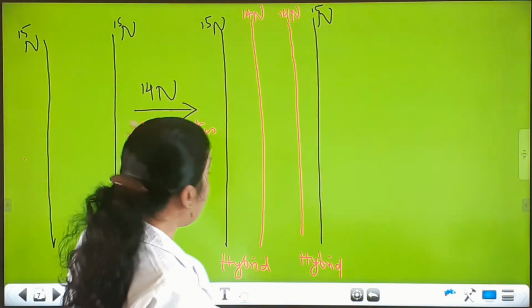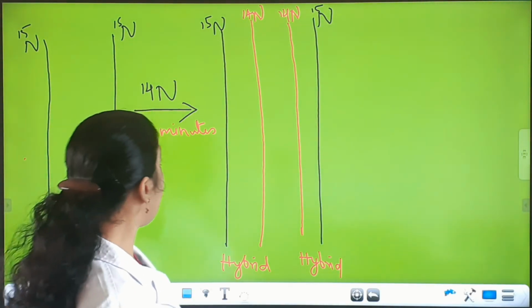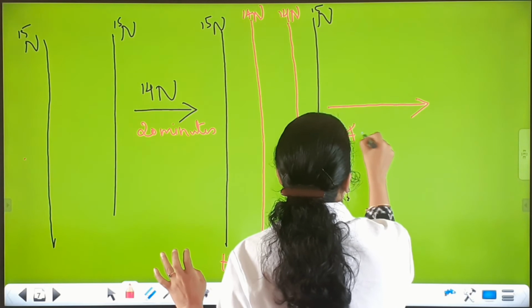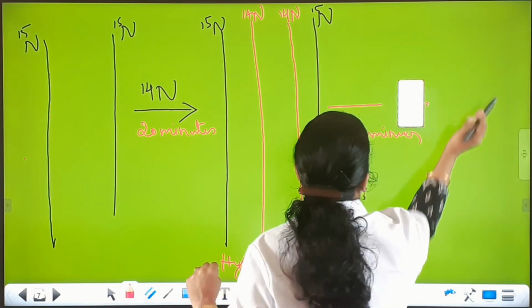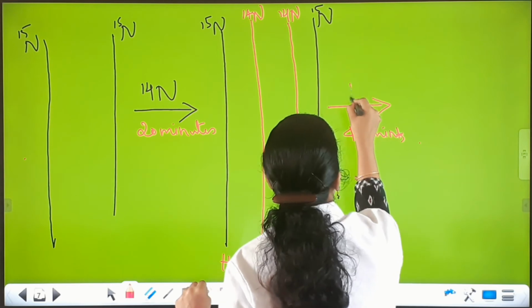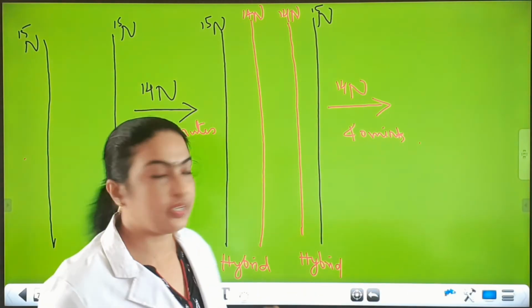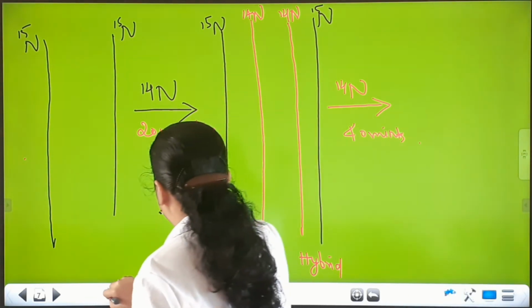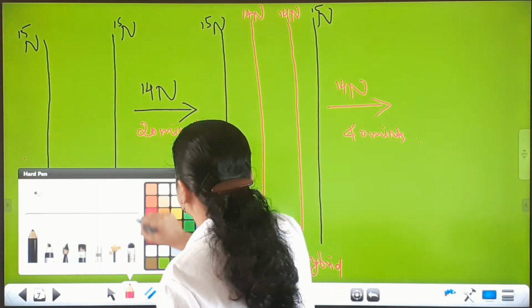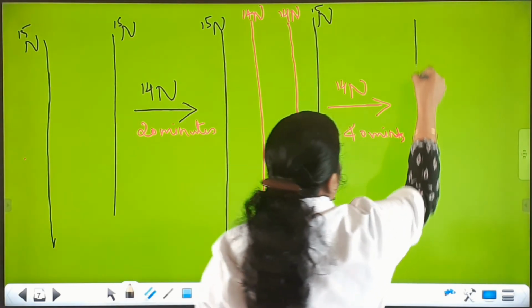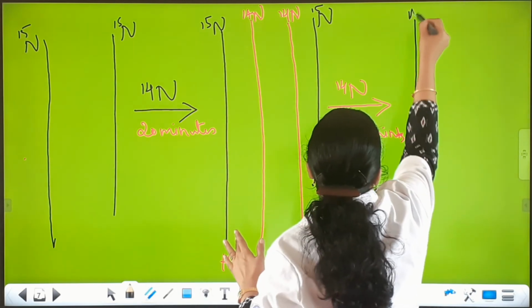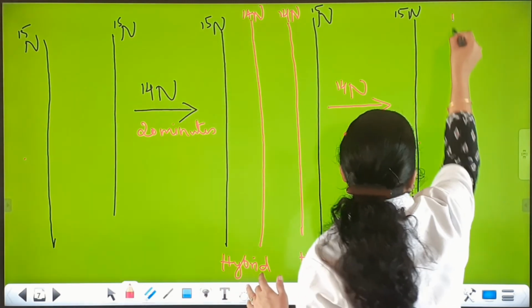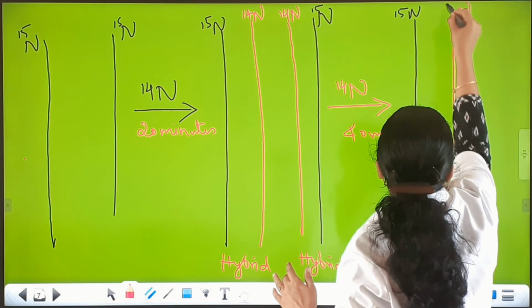Okay. Then in the same medium, the N14 medium, which is having the light nitrogen, they observed after 40 minutes. The medium is the same, the N14 medium. So here we can separate these two first. The first one is the N15, and the second one is N14.